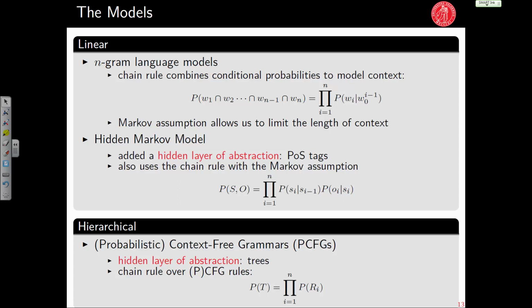In both hidden Markov models and PCFGs, there is a hidden structure, a hidden layer of abstraction that we wanted to predict. In hidden Markov models, that was a sequence of parts of speech tags. In PCFGs, that is the syntactic tree.